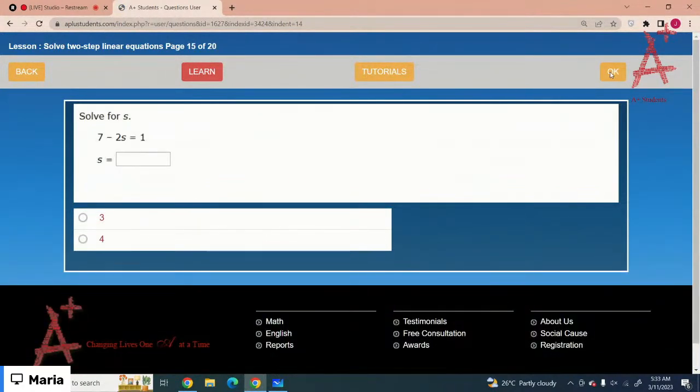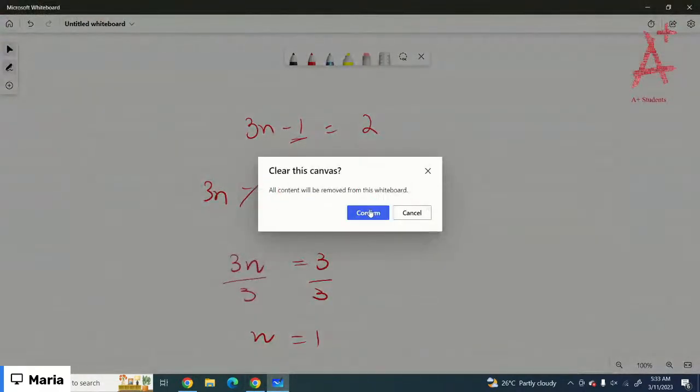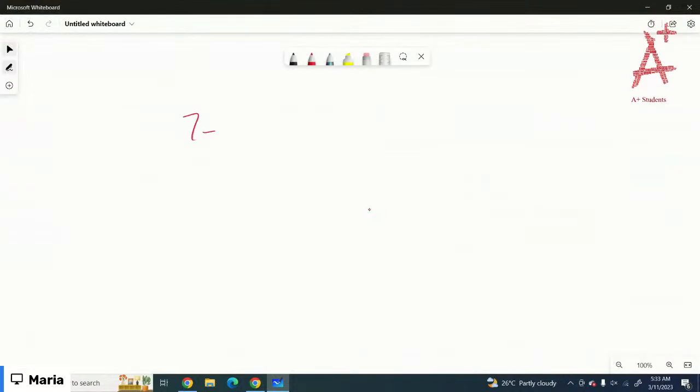Okay, the next one is 7 minus 2s equals 1. So you have to remove that 7 from here. 7 is being added, so just subtract 7 from both sides.